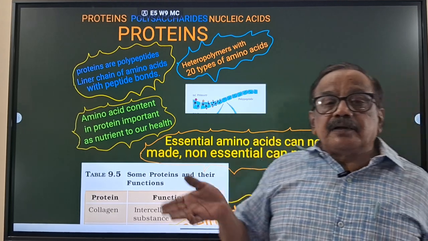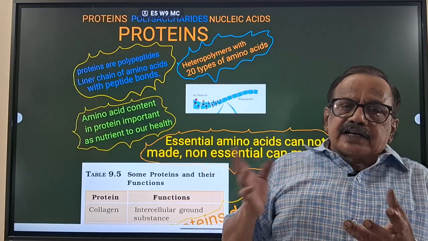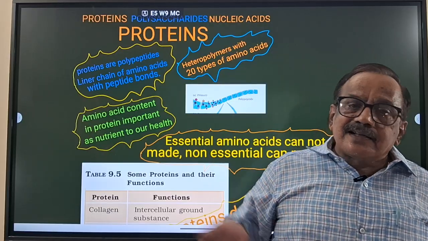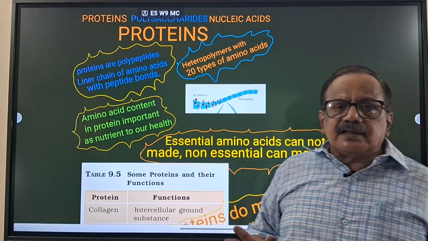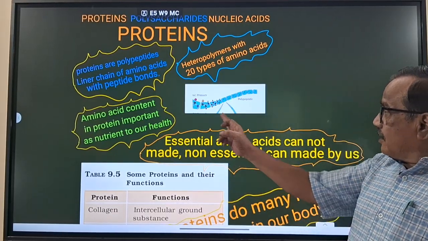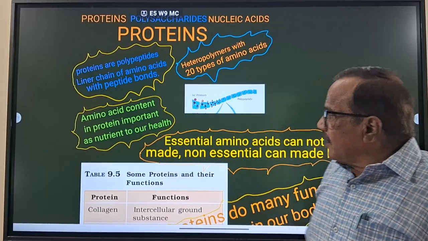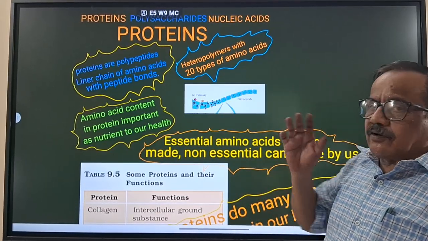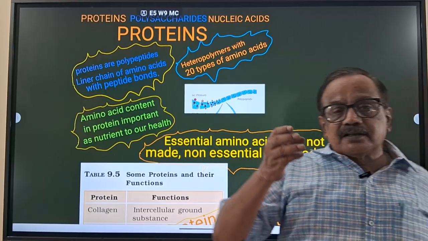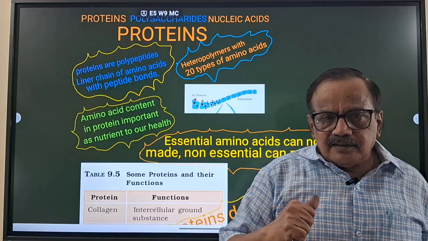Proteins are heteropolymers because 20 types of amino acids act as monomers, and different monomers participate in the formation of protein.